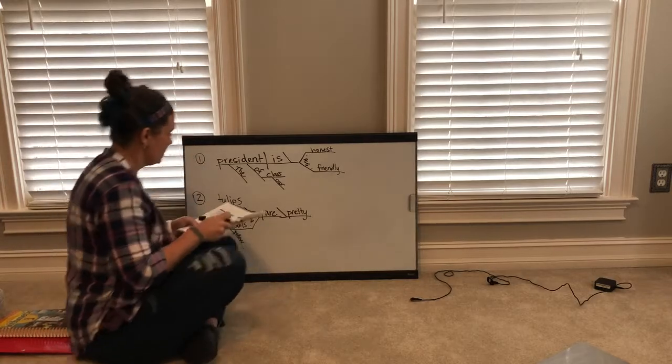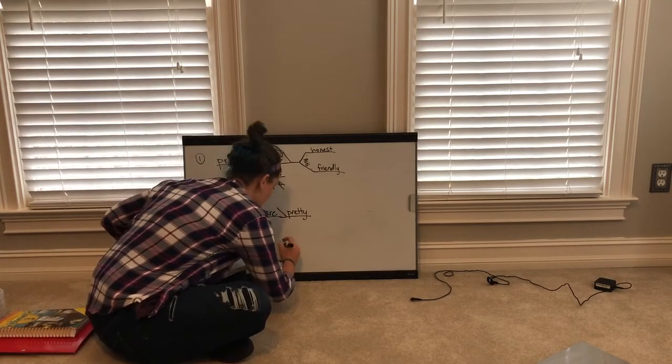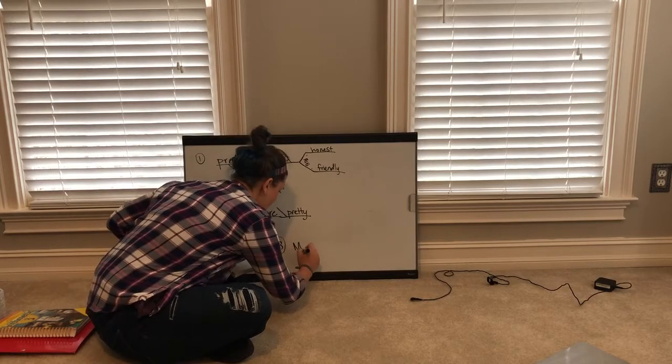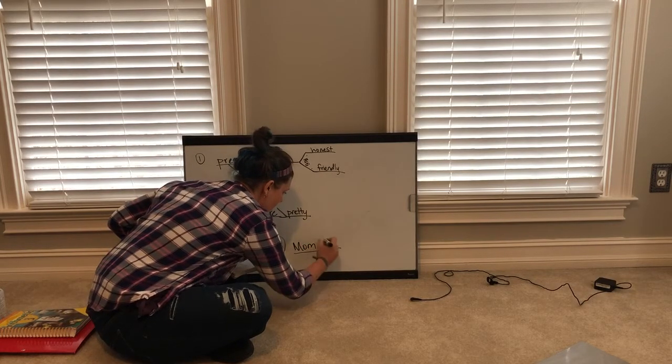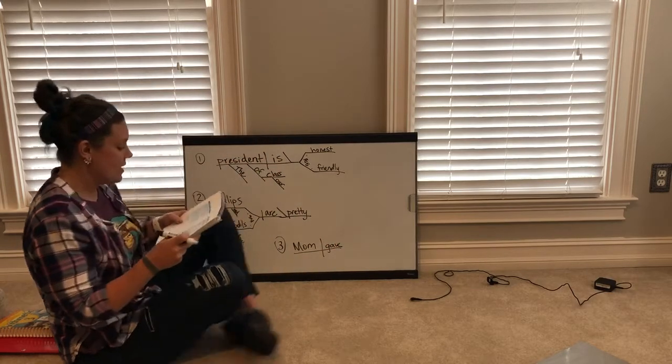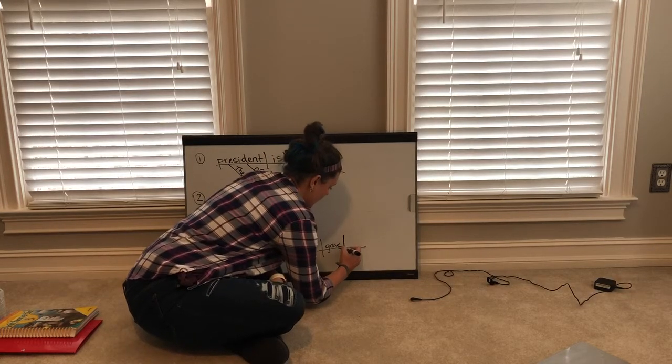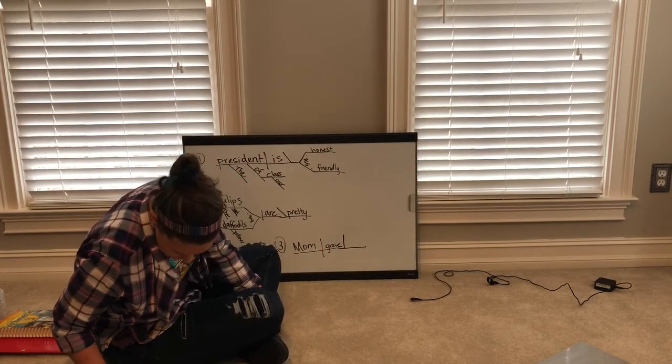All right, so let's get started on this one. I'm going to do it right here so I have plenty of room. Mom gave, how nice of Mom. All right, and then remember, direct object goes on the same line, but instead of a slanted line, it has a straight up and down line.